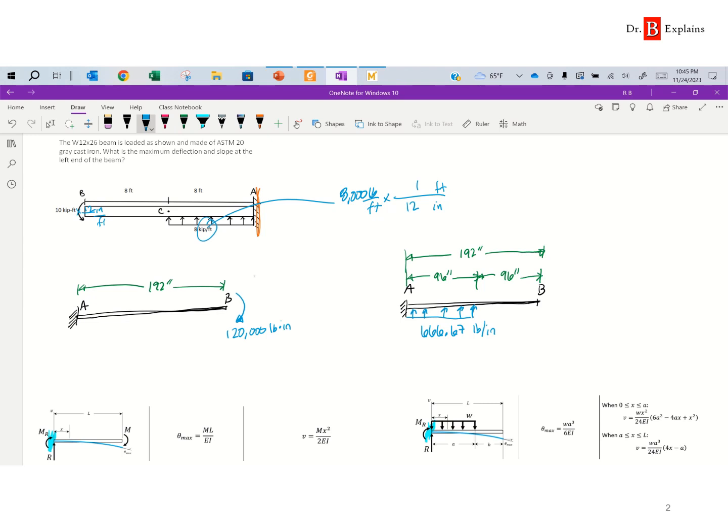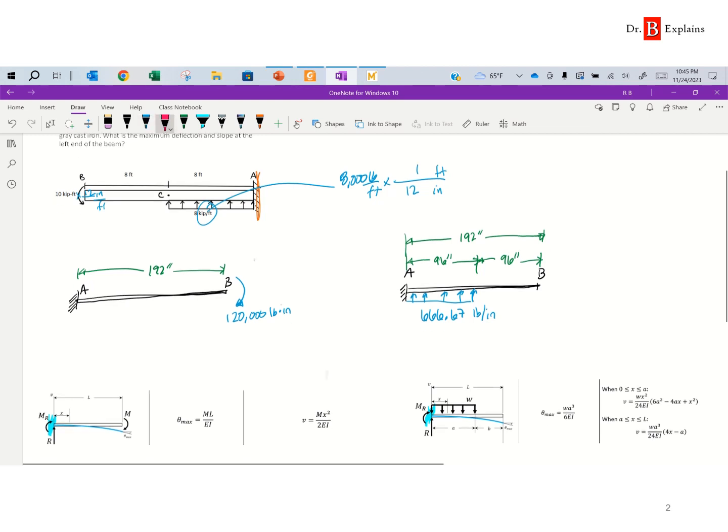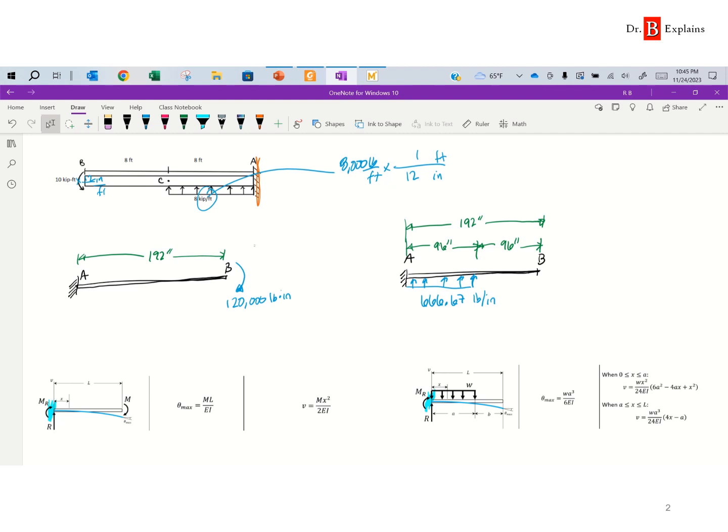What I like to do at this point is draw the elastic curve. We can see here, for example, for the case of the bending moment, this is going to create an elastic curve that goes downward like this. If we track point B, the new location of point B, which I'll call B prime, is going to be below.